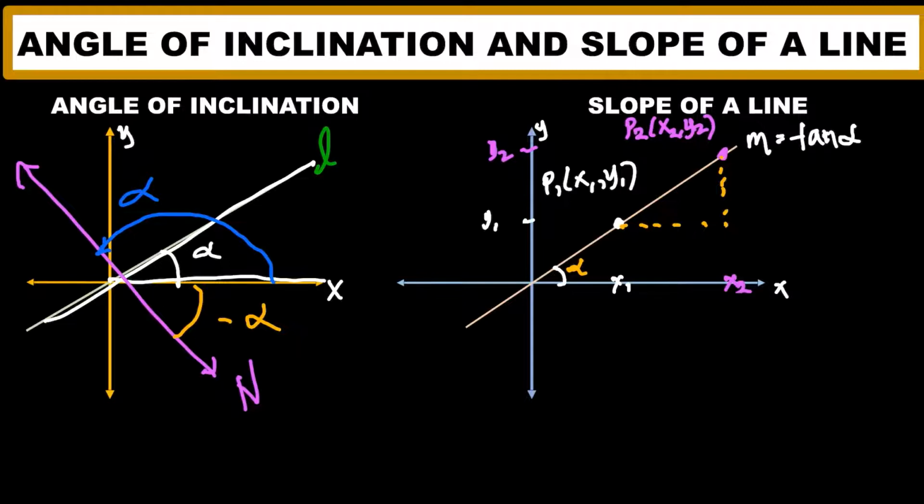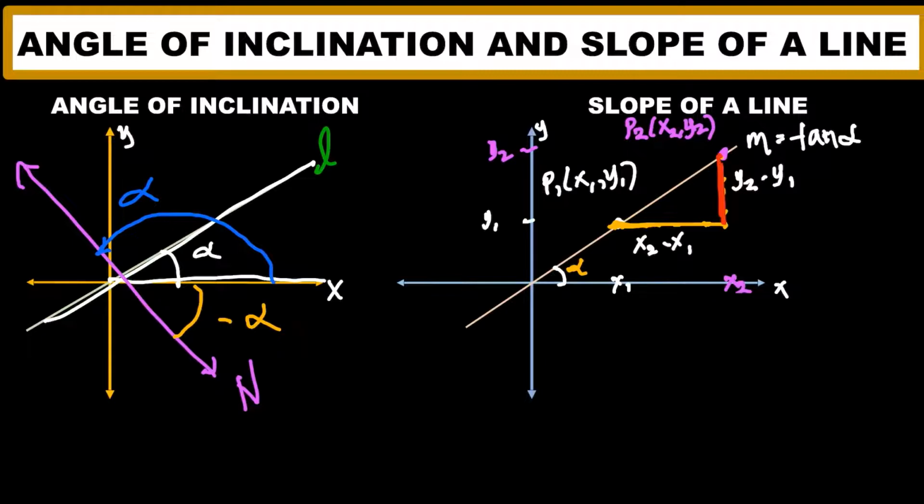Now we know, and if you have watched my previous video, I illustrated this when I derived the distance formula, if this is our x sub 1 and this is our x sub 2, this distance is simply x sub 2 minus x sub 1. And if we're going to get this distance from this point going to this line, that is simply y sub 2 minus y sub 1.